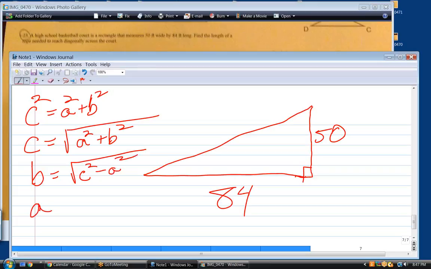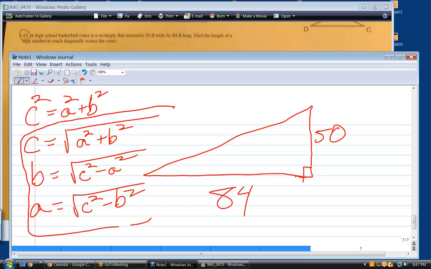And if I'm solving for a, it's the square root of c squared minus b squared. So I tend to want my students to memorize those three. And the only reason is that it lets you very quickly solve right triangles, as opposed to having to manipulate this to solve for C or B or A. And you don't really need to remember both B and A, you just need to remember one of them.